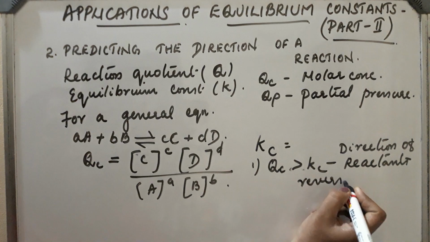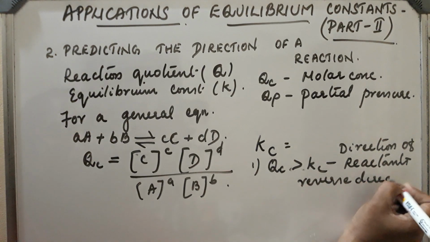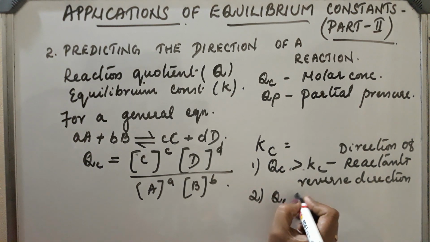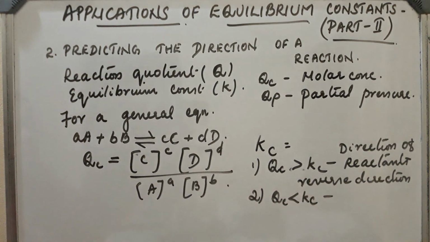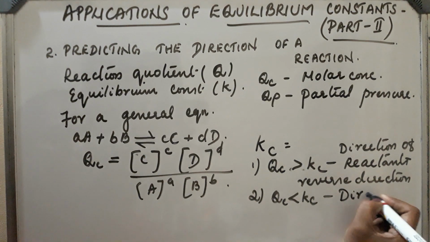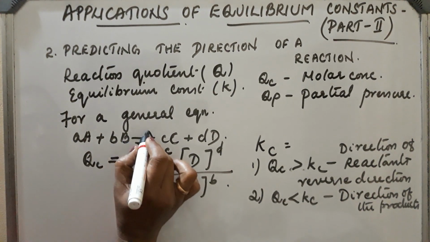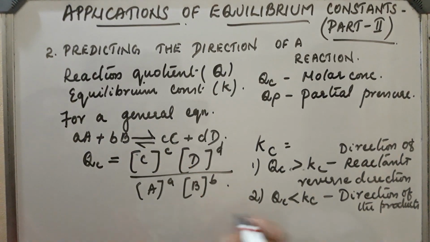Now, the second case, QC is less than KC. In such a case, the reaction will proceed in the direction of the products, which means the forward direction. So the reaction will take place in the forward direction.